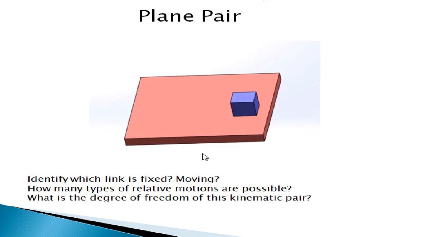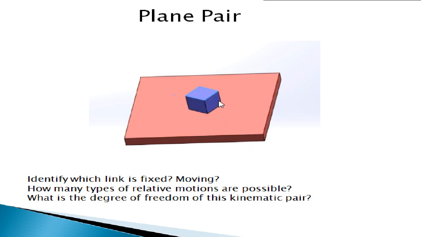Let us try to see another example. Here you have 2 links. One, this pink link, which is a plane lying horizontally. Another one is this blue link. Let me try to animate and see in how many different ways this blue link can move. It's moving across one axis, let us say X, that is one type of motion. It is moving across another axis, Y axis, which is another type of motion.